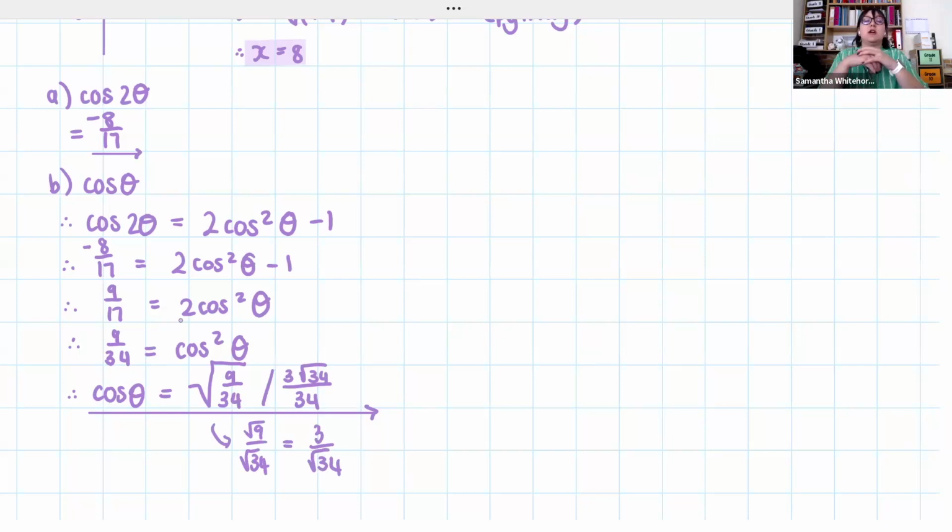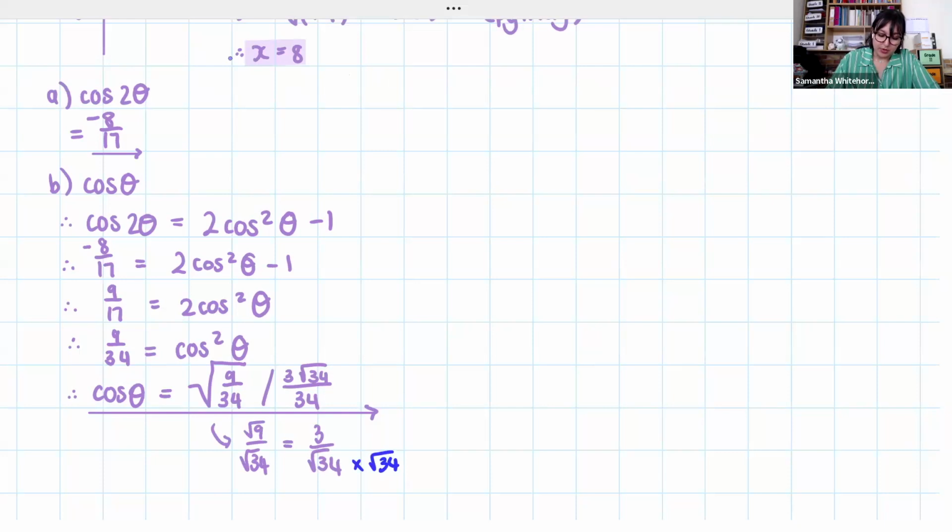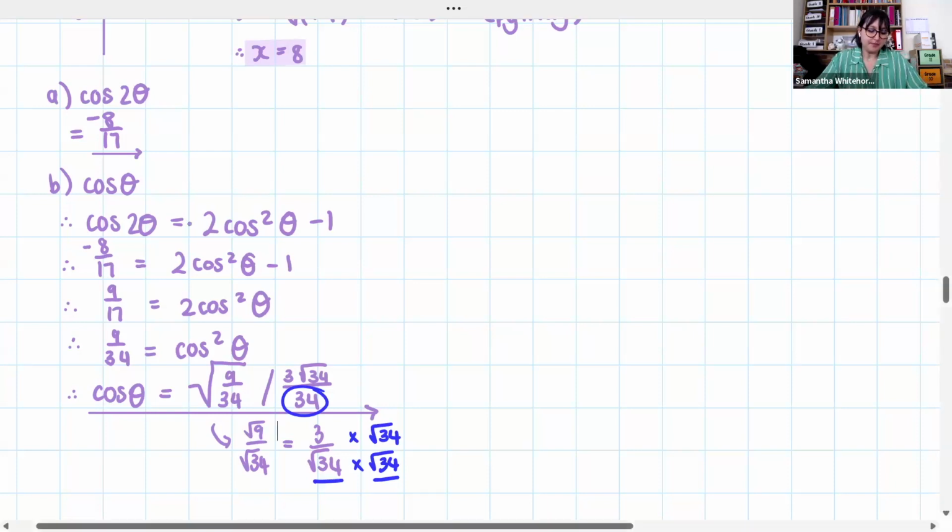To rationalize your denominator, I don't know if you remember this from grade 11, you would multiply both numerator and denominator by root 34. Because if you multiply root 34 by root 34, you just end up with 34, because the square roots cancel with the square. Again, you can just type it into your calculator. I don't expect you to show the rationalization, but there is a reason why it's happened.